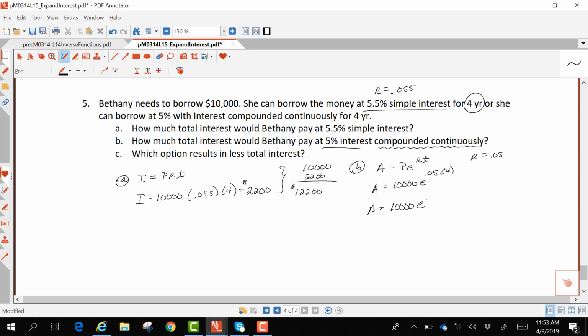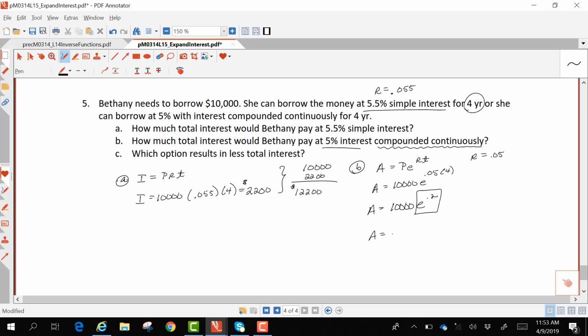You want to evaluate your exponent value, so you want to take your 0.05 times your 4 first, which is 0.2. On your calculator, you must evaluate e to the 0.2 before you multiply it times the 10,000. And this is going to be a long decimal value with a lot of digits in it, so you want to hold it in the calculator after you've come up with that value, and then last but not least, multiply it times 10,000.